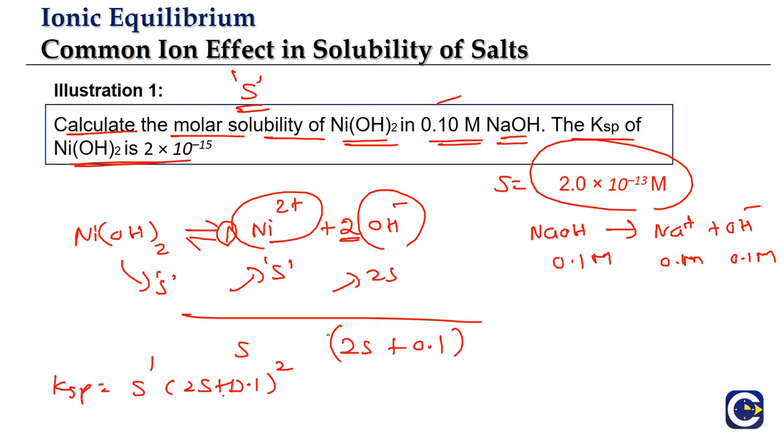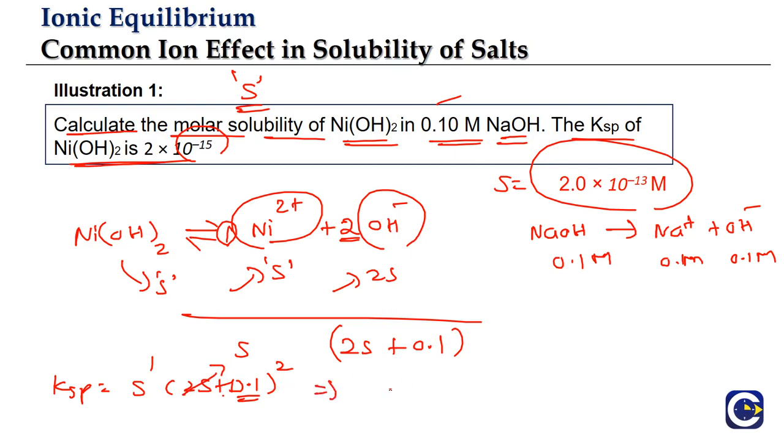Now if you look at the Ksp value, it is in the 10 power minus 15 range, meaning it is a sparingly soluble salt. So the value of S will be negligible in comparison to the OH minus concentration coming from the NaOH dissociation. Meaning in 2S plus 0.1, we can neglect the 2S value because it will be small.